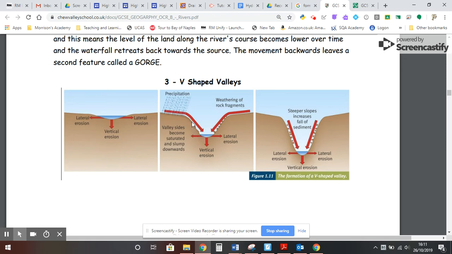Tell me why slumping occurs, because the water falling in the mountains saturates the soil and the soil becomes heavy and just slips down the slope. And also freeze-thaw, explain what freeze-thaw is and how that then leads to rocks breaking off and creating this more V-shaped valley. Okay. Once again, I would recommend if you want a kind of sequence diagram approach, either look at your class notes or go with a much simpler version that you can see on page 53 of the textbook.